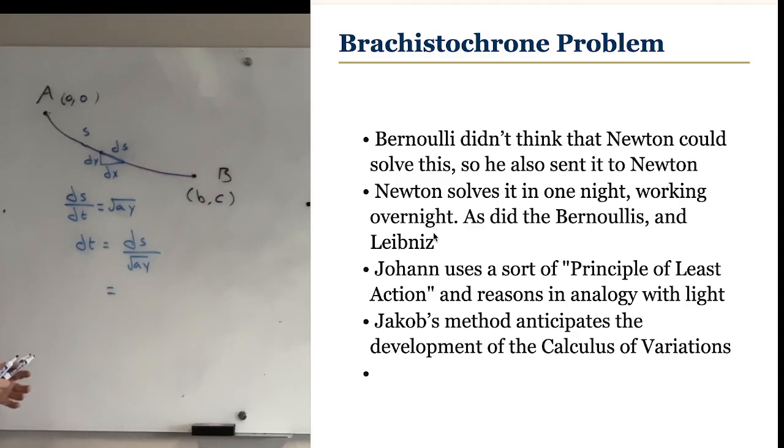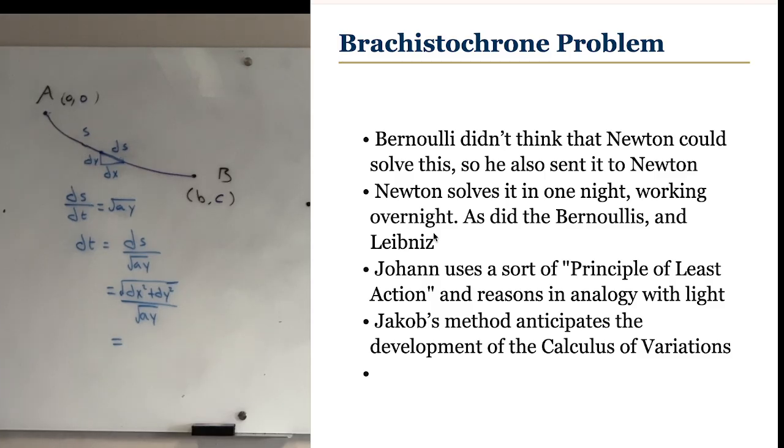And now the total time is going to be we're going to integrate these, right? That'll give us the total time. Now ds is equal to the square root of dx squared plus dy squared, and we're going to divide by the square root of ay.